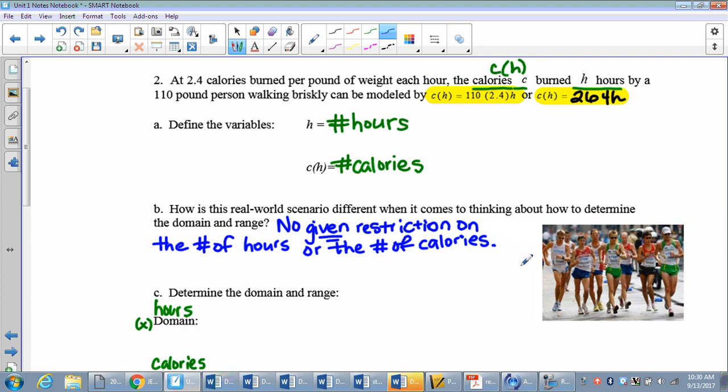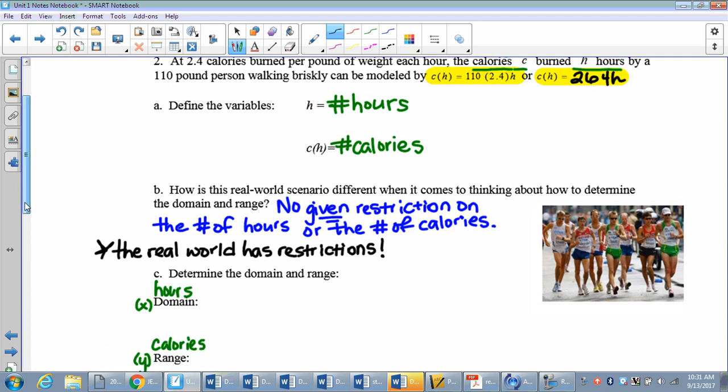That's what makes this scenario different. But not to fear, we are working in the real world. The real world has restrictions. And let's really think about what that means.